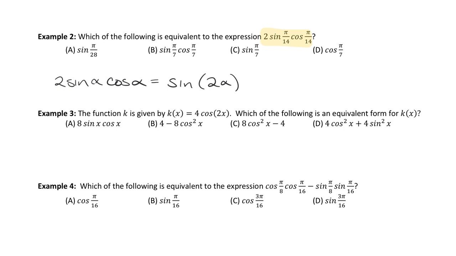So for us, the angle is pi over 14. If we do 2 times pi over 14, top times top is 2 pi, bottom times bottom is 14. This reduces to pi over 7. So this is actually asking, what is the sine of pi over 7?